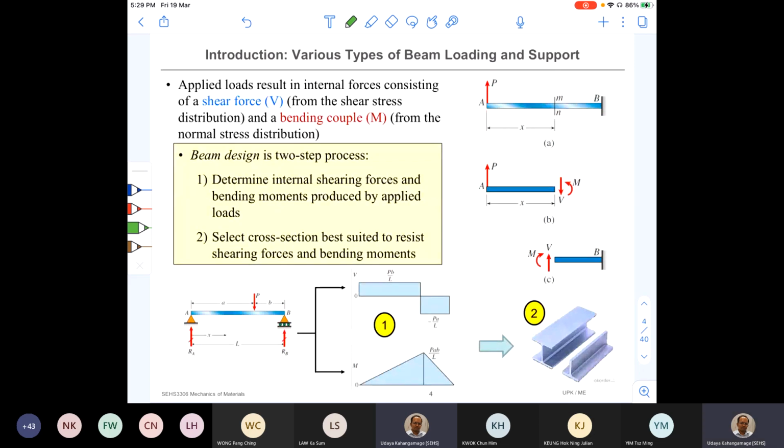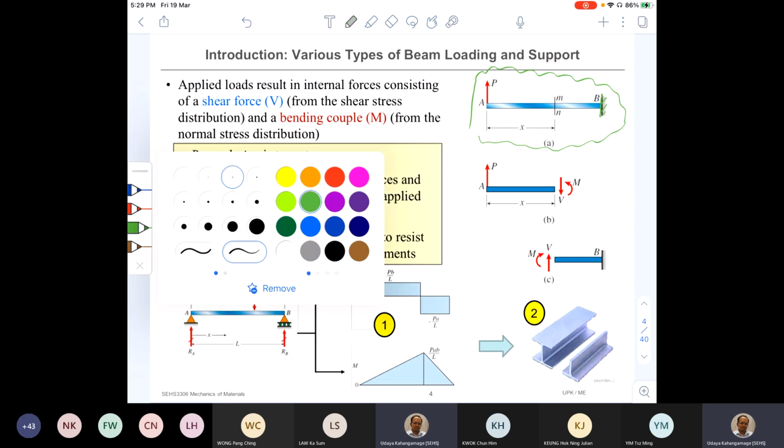And as I showed you before, if you take a beam, now here you can see a cantilevered beam where one side is fixed and the other end is subjected to a transverse load P. Now in this member, from A to B, at any point, if you cut the member and open up, you will see internally two forces.